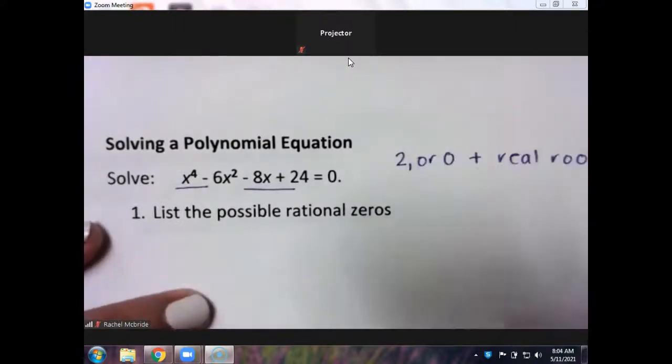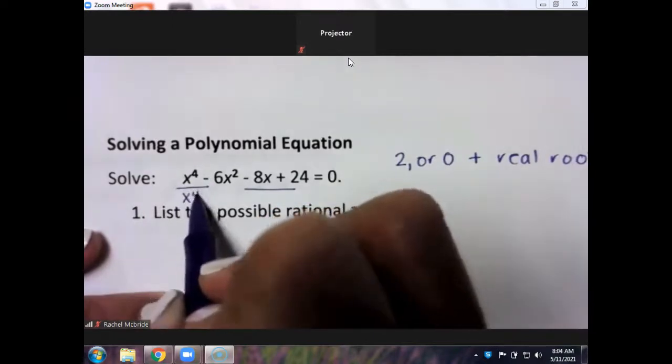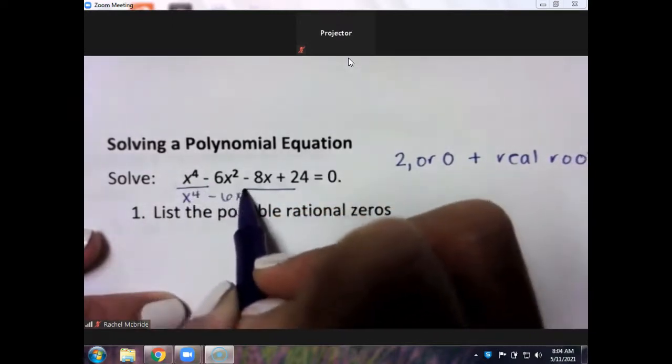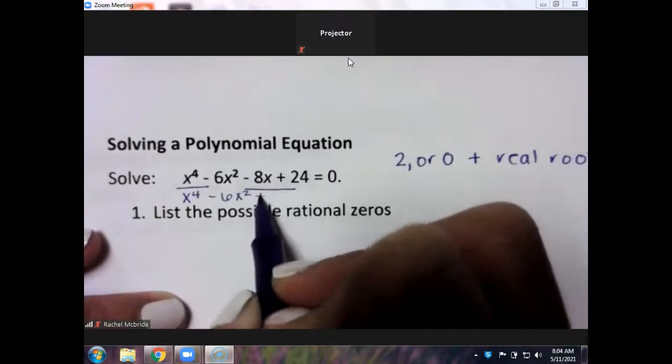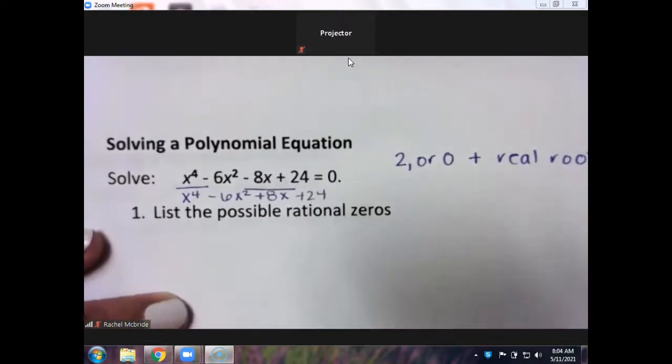If I look at negative f of x, this stays x to the 4th. That stays negative x squared. The 8x is going to become positive, and then the 24 stays positive.